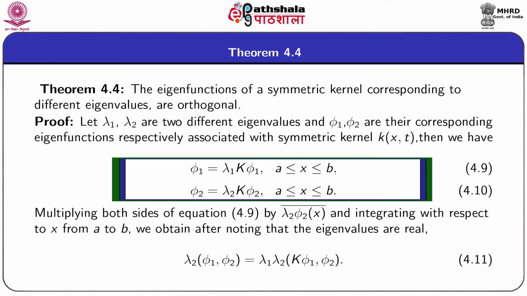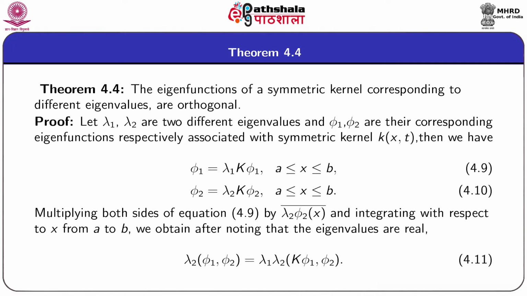Then phi 1 and phi 2 will satisfy the homogeneous Fredholm integral equation of second kind, so that we get phi 1 equal to lambda 1 capital K phi 1, where x lies in the interval a to b, as given by equation 4.9, and phi 2 is equal to lambda 2 into capital K phi 2, x lies in the interval a to b, as given by equation 4.10.